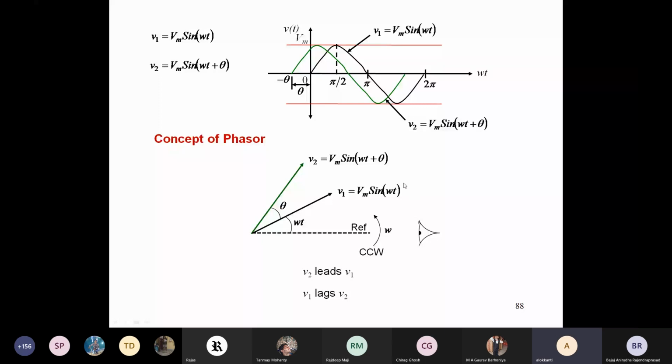But since it is sine omega t, for omega t equal to 0, it will be on the x-axis. Yes, so I have shown it for some arbitrary t, to show that for a particular t, this will be at omega t and this will be at omega t plus theta.